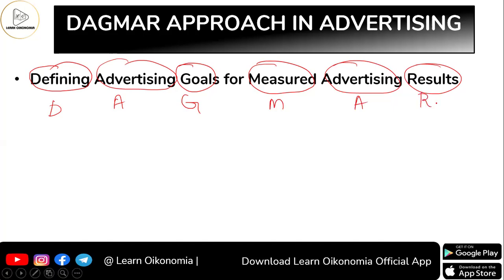So I hope you could understand the basic idea behind DAGMAR. You are actually defining the goals of advertisement. Whenever a company goes for advertisement, it will have certain goals, and these goals are predefined in the very beginning. These goals would have certain intentions and would be trying to attain certain results, isn't it?